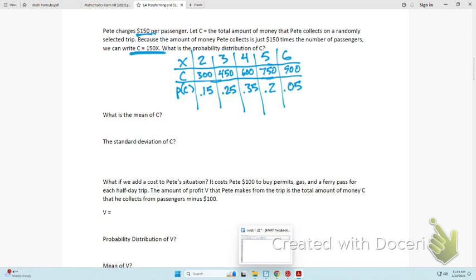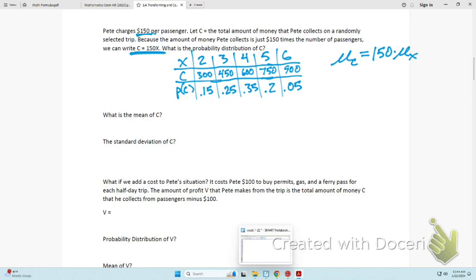So to find the mean, we could go 300 times 0.15 plus 450 times 0.25. So you could do that, but there's a trick. There's a shortcut. It's typed later in this handout, but if you want to find the mean of a function, all you have to do is plug in the mean of the variable, if you have the mean of that variable.